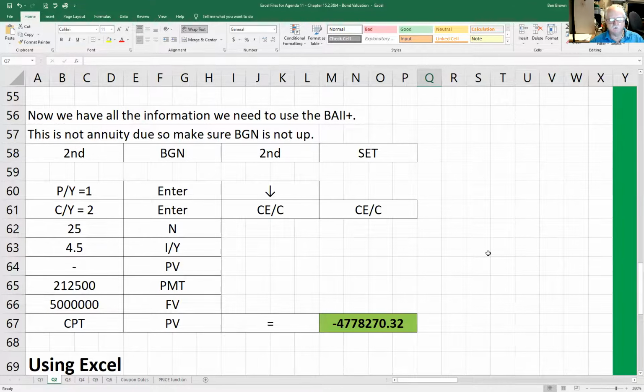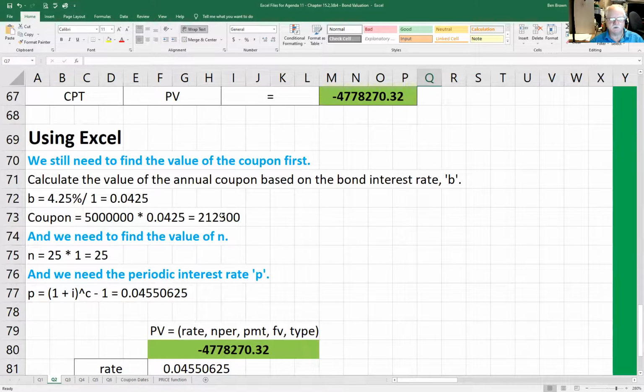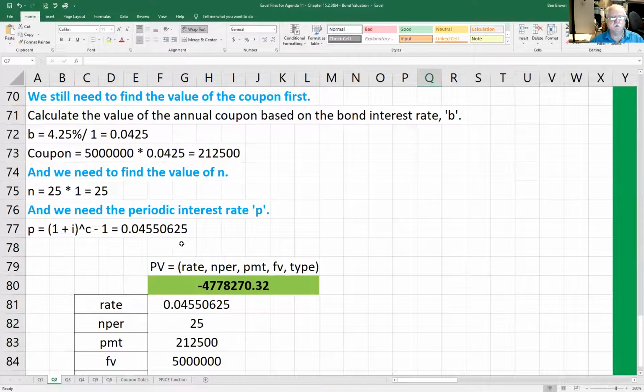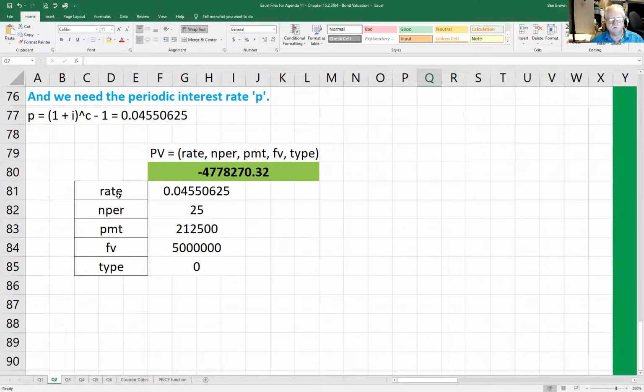And when we do it on Excel, we still have to find the value of the coupon. We still have to find N, but we have to find P again. So as we already found it, I've just replaced it here. But here, this rate, this has to be P, not just I. And we put the payment in, the future value in, the type, because it's an ordinary annuity.